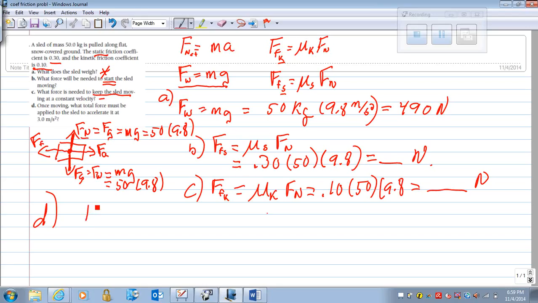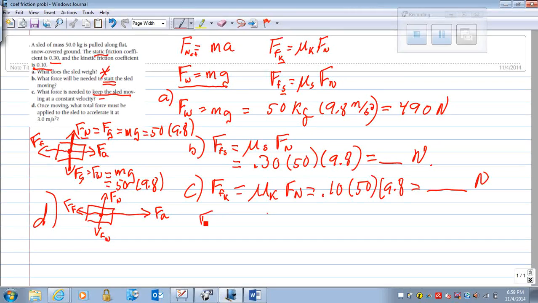Now what we're saying is, I have my weight force, I have my normal force, I still have my friction force, but I now want to make a bigger applied force so that I have a net force that causes an acceleration of 3 meters per second squared.